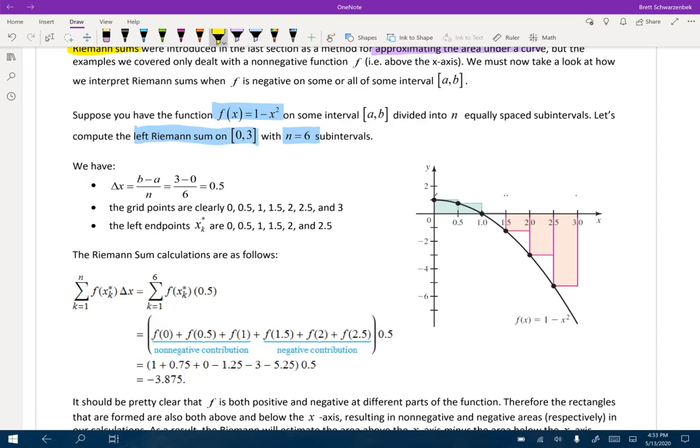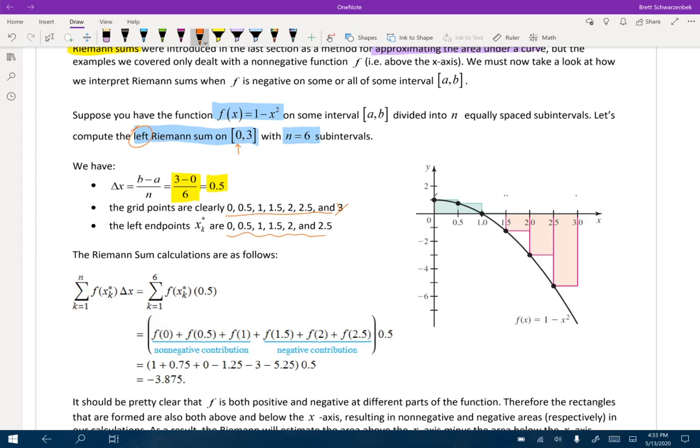We do 3 minus 0 over 6 to get 0.5 for our change of x. We start at 0 and add 0.5 until we get to 3, and we end up with these values. Since we're doing a left Riemann sum, we ignore the 3, and our heights are measured at these values of x, or x star k.